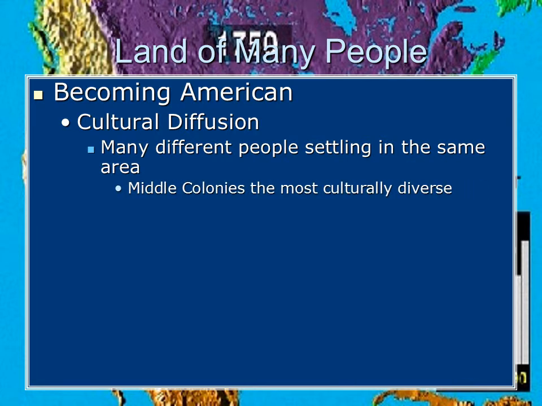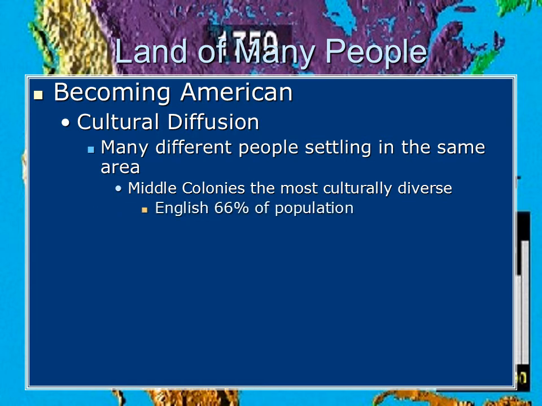Now, the middle colonies were the most culturally diverse, and from what we've talked about, think about what caused that. How did the colonies lend themselves to become the most culturally diverse? And then look at the groups that made up those colonies, and think about what they contributed and how we see their contributions today.